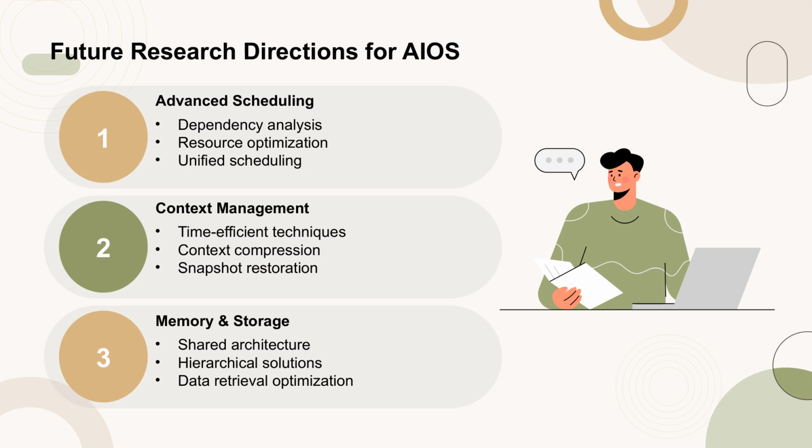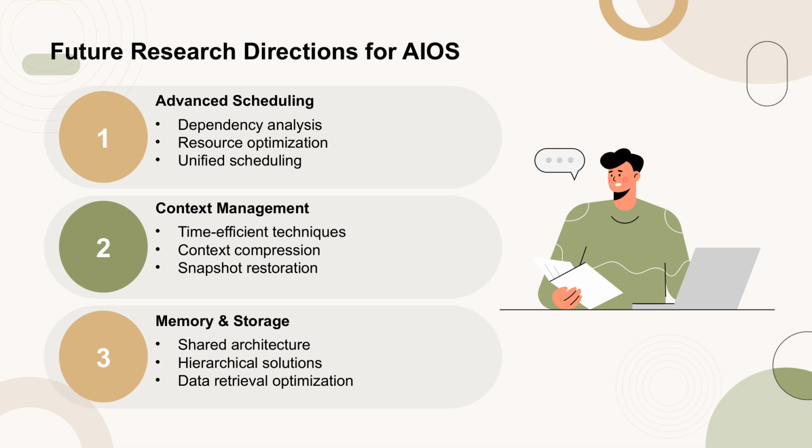The future research directions for AIOS include the development of advanced scheduling algorithms. These algorithms will focus on analyzing dependencies among agent requests and optimizing computational resource allocation. Additionally, the integration of locally deployed models into the scheduling framework will be explored, including the management of tool status and snapshots.